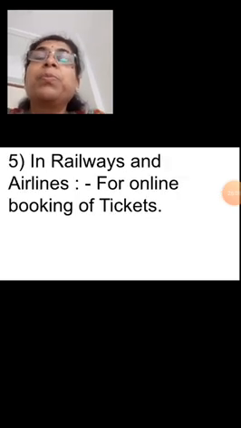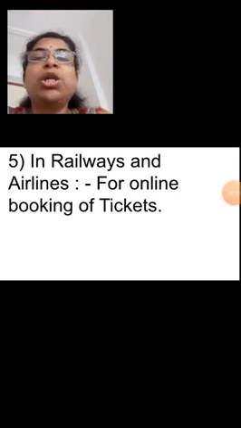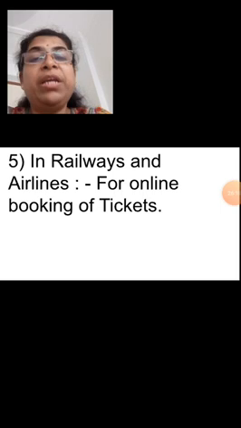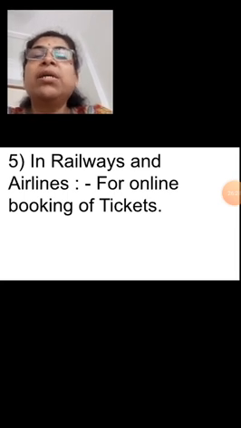Now in railways and airlines, again computers are used for online booking of tickets. Not only in railways and airlines, for cinema theaters also, for online bookings and ticket bookings, computers are used.